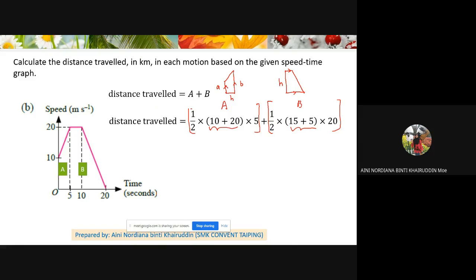Dua garisan yang lurus yang selari tu adalah A and B. Okay. Macam ni, dua ni tak selari. So dia tak boleh jadi A and B. So A and B dia akan jadi Y axis. Tapi untuk yang B, yang selari tu adalah yang atas dengan bawah ni. Iaitu X axis punya value. So yang Y axis ni akan jadi H. Okay, boleh tak? Ada soalan?